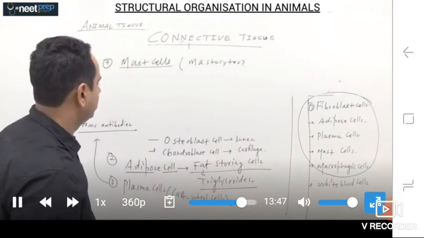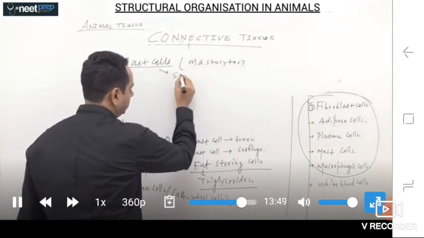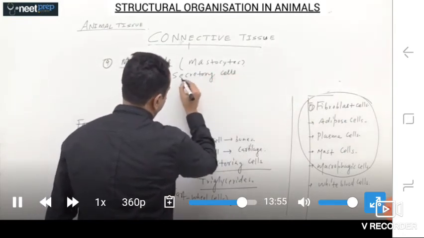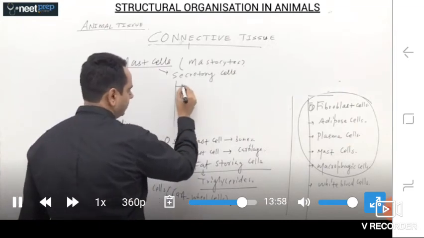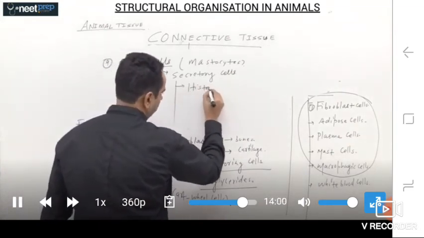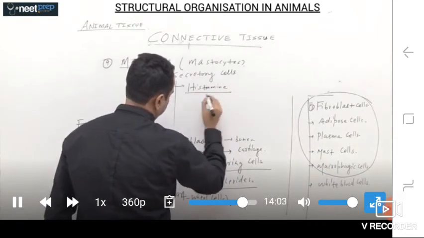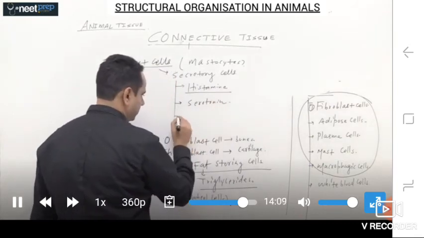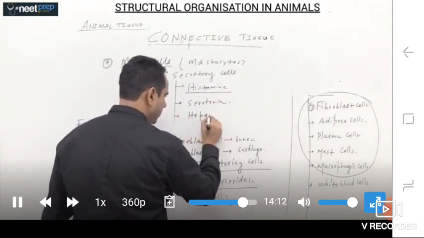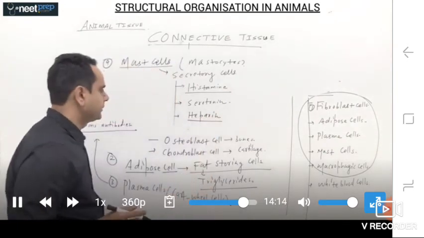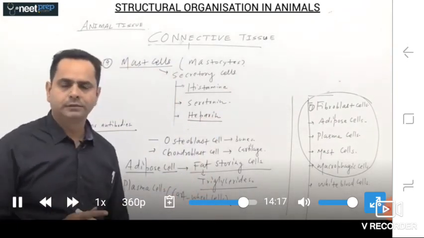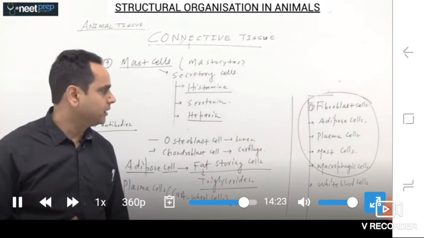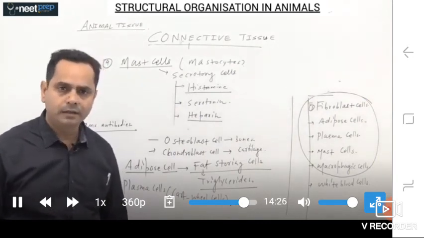And remember, mast cells are kind of secretory cells that secrete chemicals like histamine, serotonin, and heparin, a natural anticoagulant. Remember, mast cells are called secretory cells, and they secrete different kinds of chemicals like histamine, serotonin, and heparin.